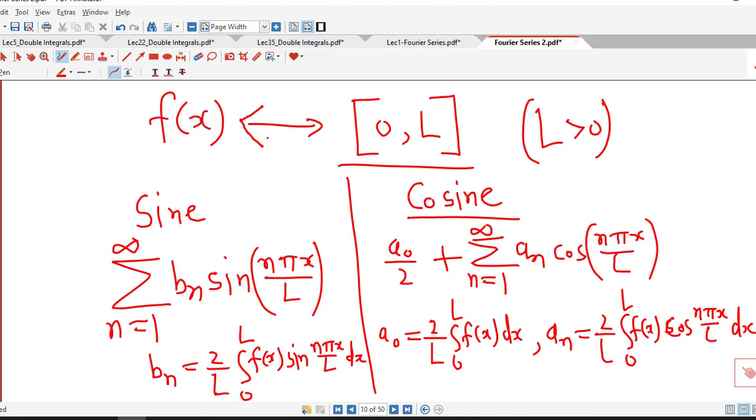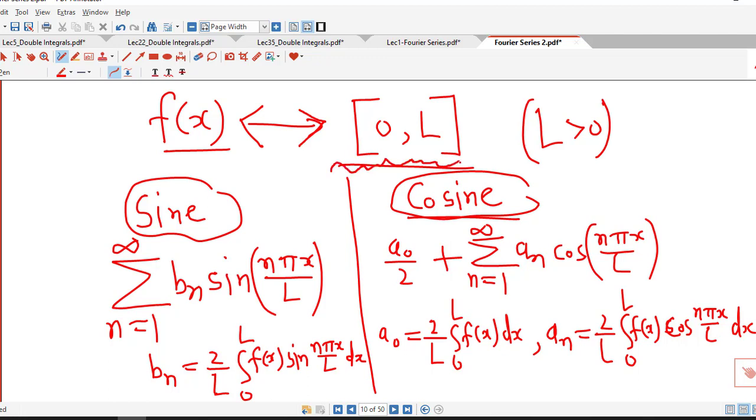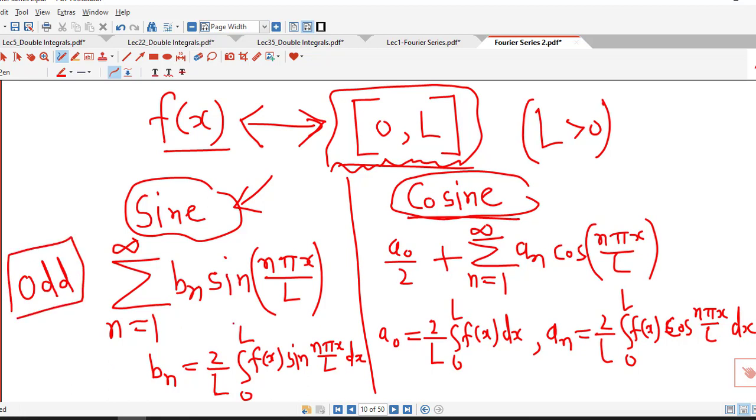So for the problems related to half range sine series or cosine series, our function will be given on this type of interval, and if we are asked to express fx as a Fourier sine series or half range sine series, we will use the formulas for the Fourier series of odd functions.